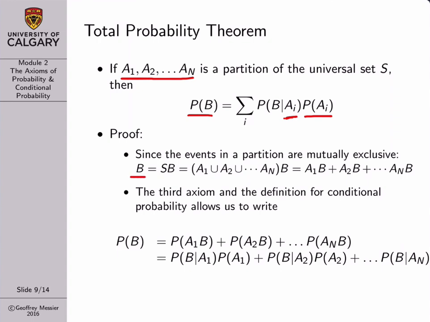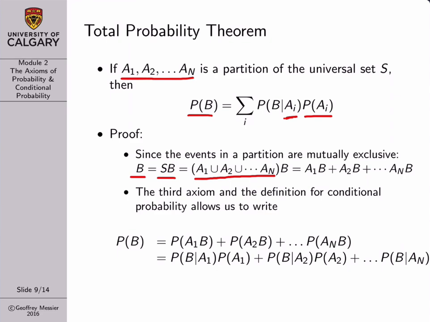The proof of this is that the event B, or the set B, is equal to the intersection of the universal set and B, right? Because B is a subset of the universal set by definition. We know that S can be defined by its partition, so we replace S by its partition, which is the union of the sets A1 through AN.